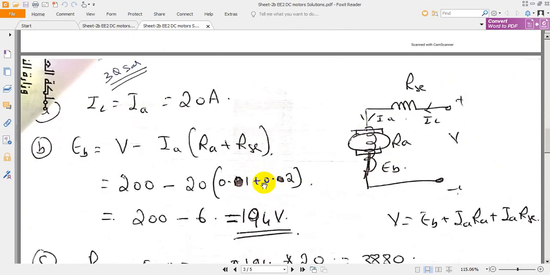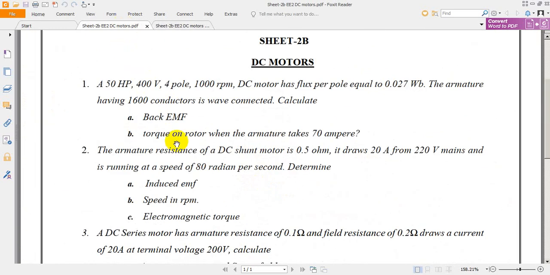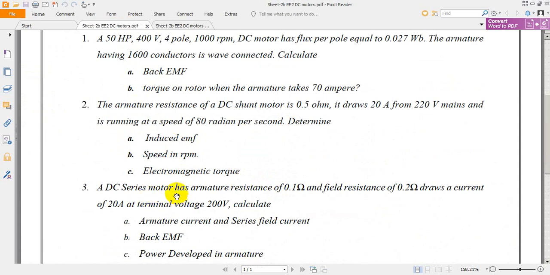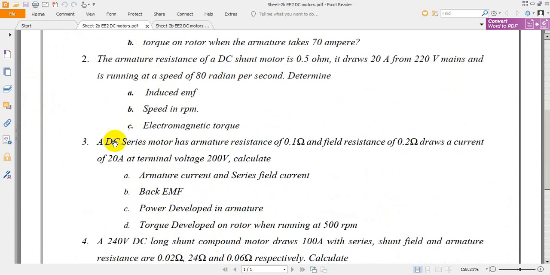Coming to the third problem, the third question. We have a DC series motor having armature resistance of 0.1 ohms, field resistance of 0.2 ohms, which is drawing a current of 20 amperes at a terminal voltage of 200 volts.